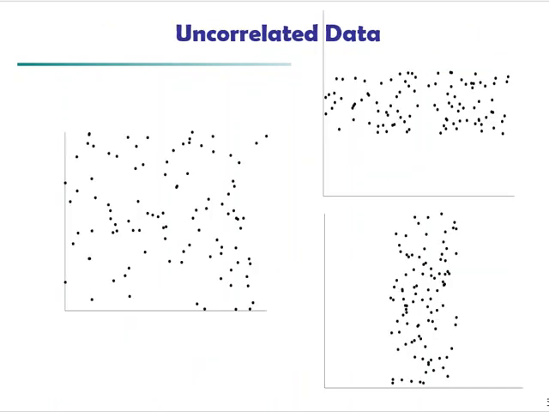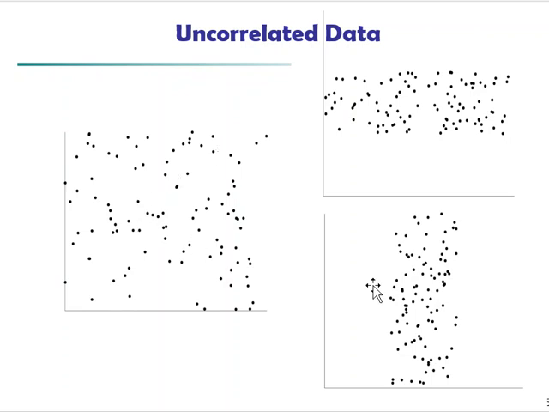If the data is actually not correlated, you're going to see something like this. The data seems to be randomly distributed within the data range that we have. Fitting a line does not make any sense here, because a line can be fitted anywhere, and we see lots of points not falling onto that line.